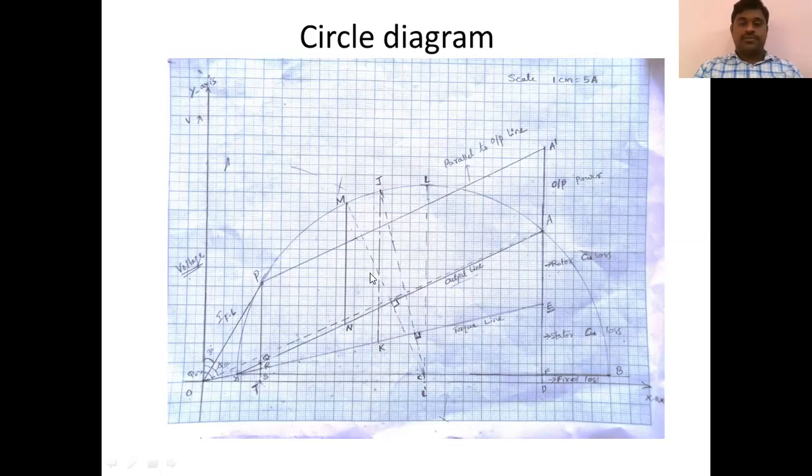So these are the various parameters you can measure. And this L dash, if you drop vertically from the center, will give the total input power. This is L dash, so this is your total input power. Like this, we can calculate all the parameters.